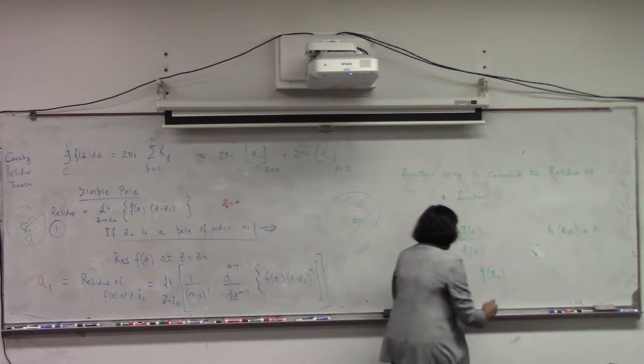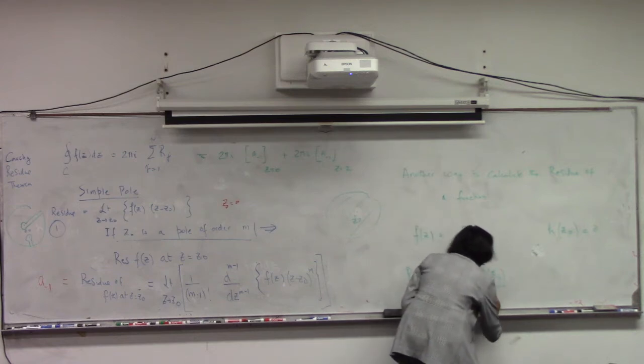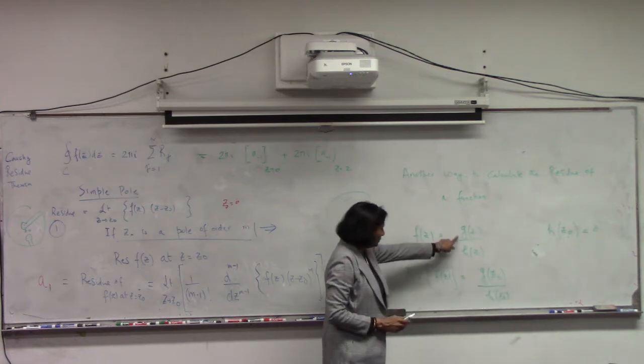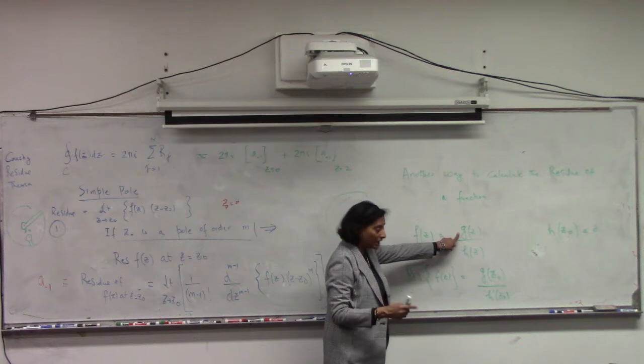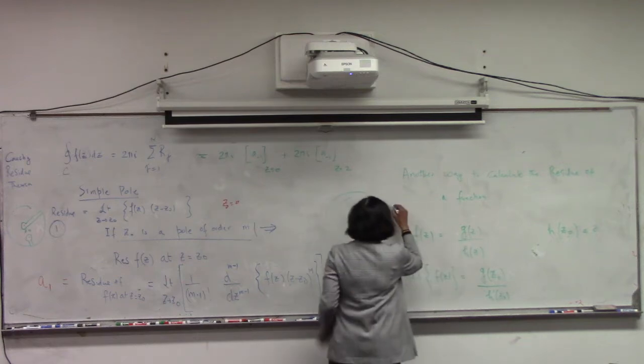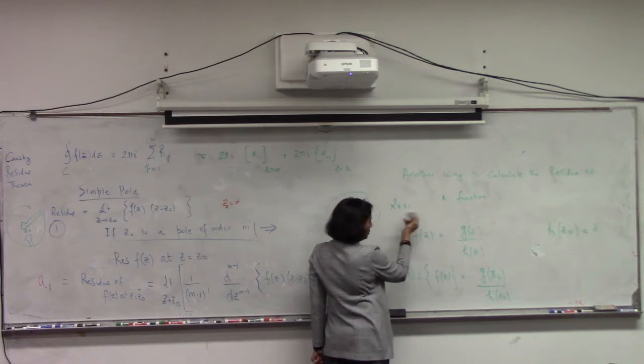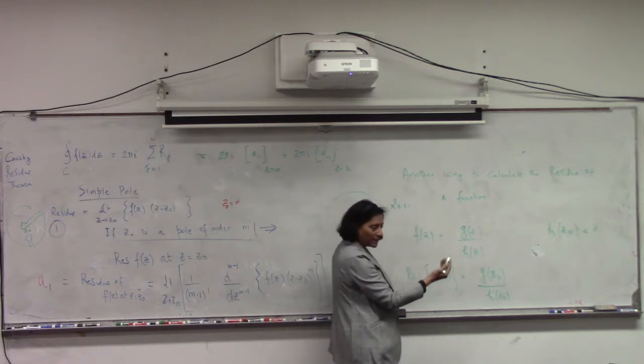So you evaluate the numerator at z equal to z naught, where this function, let us say it is x squared plus 1, is going to be 0 at x equal to plus or minus i.